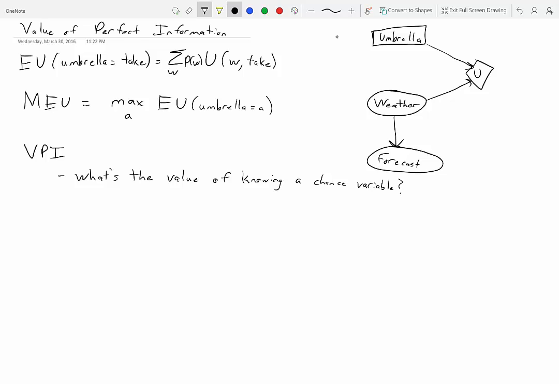It's as if someone came up to you and said, how much money would you pay to know what the forecast is? That's what VPI is trying to answer.